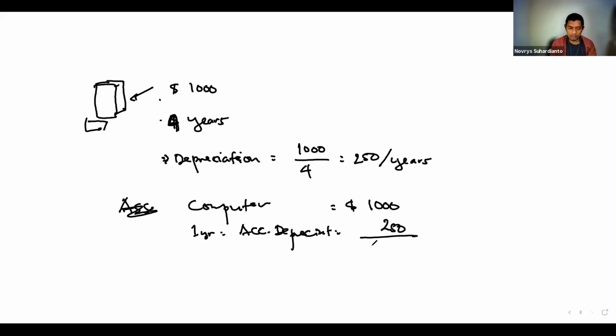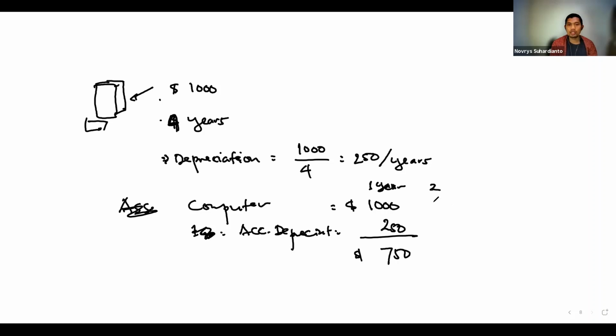So at the end of the first year, the economic benefit of the computer is 750, right? Sorry, let me use this as a comment. First year.